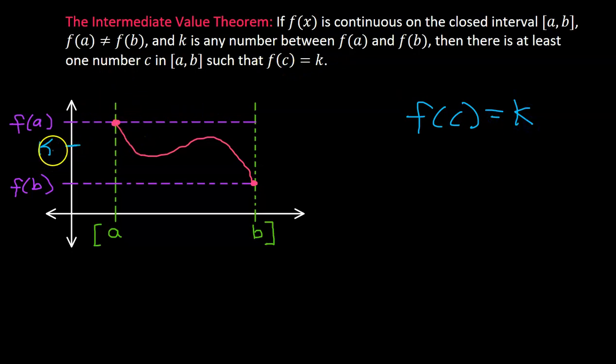So what am I saying? If I pick any k value, all right, I'm just going to draw this line out so you can see what I'm talking about, then that's going to correspond to at least one c value.